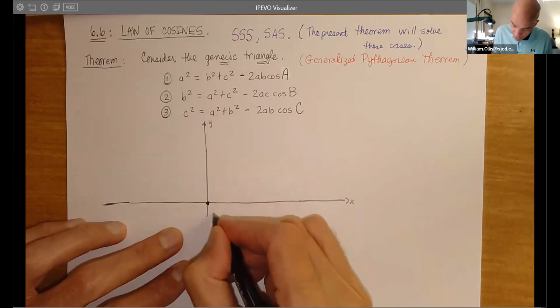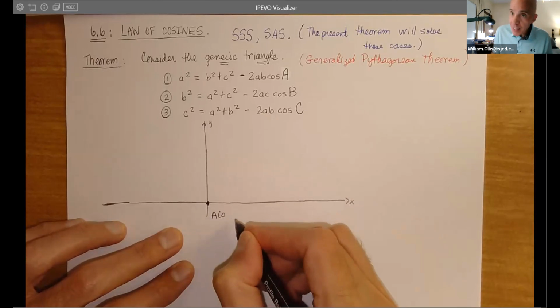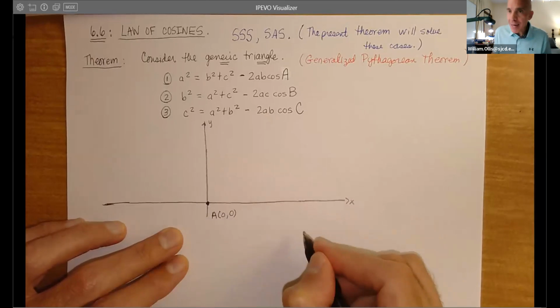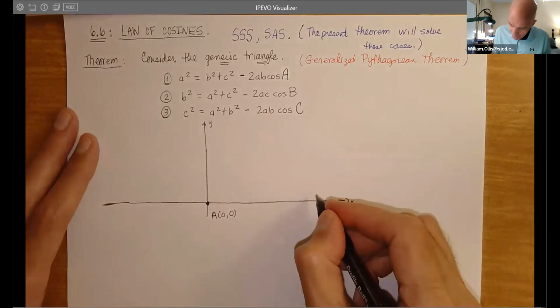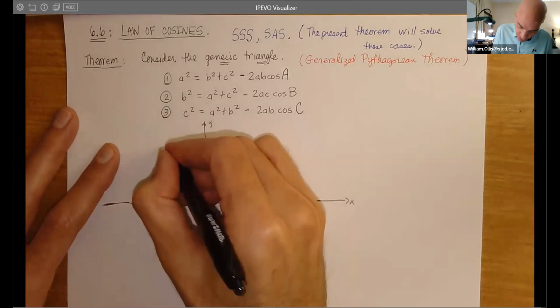Let's just go ahead and mark this point as A, vertex A, angle A, with X and Y coordinates 0, 0. And then if you like, we can put C over here and B over here.